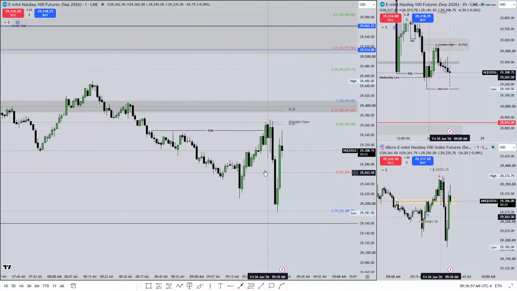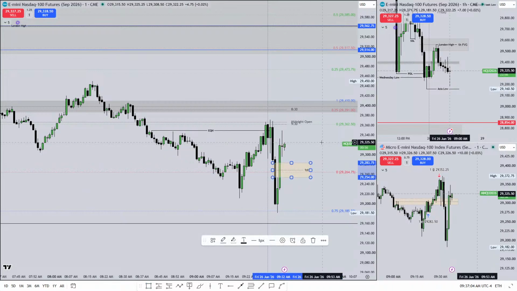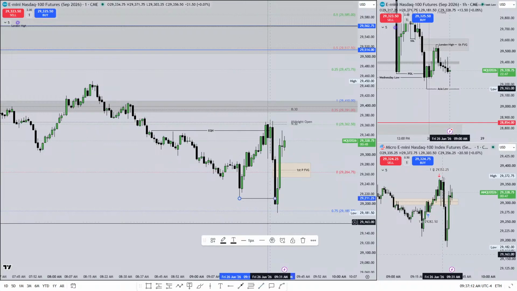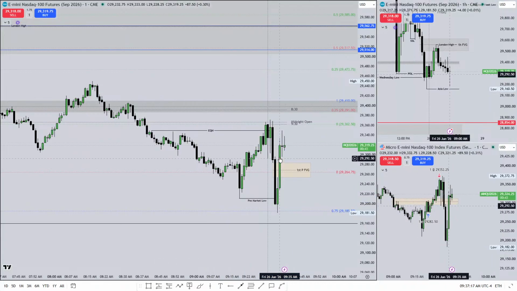This is your first presented fair value gap. It overlaps that gradient level again, and it swept pre-market low. And now we have this BISI overlapping it as well.